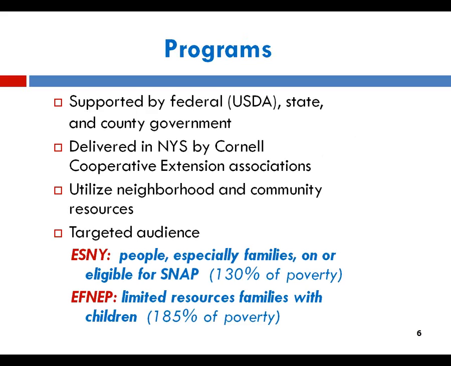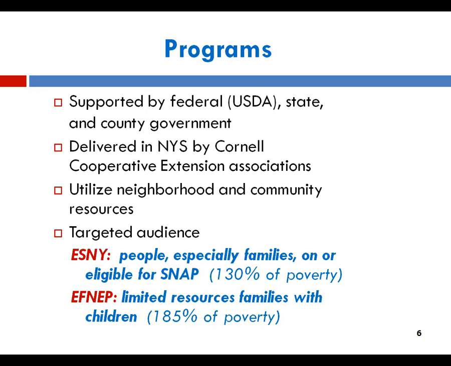Our programs are supported by the government. We get funding from USDA, so federal dollars go into the support of our programs, state dollars also, and in both instances, county dollars as well. They are delivered in New York State by Cornell Cooperative Extension Association, and I will digress a moment here to say that Eat Smart New York is also delivered by the Department of Health.